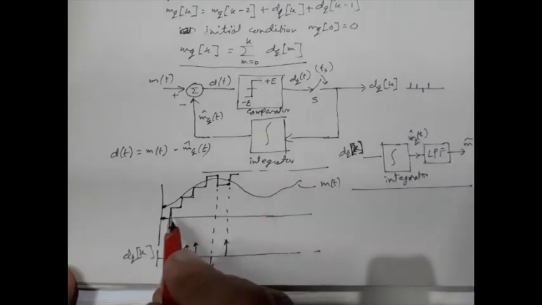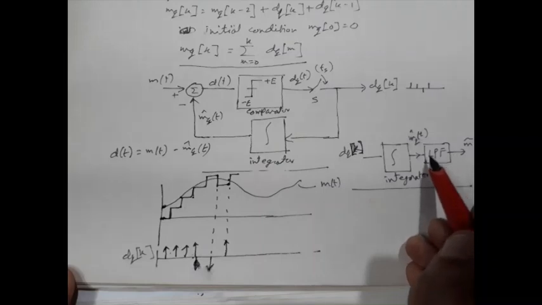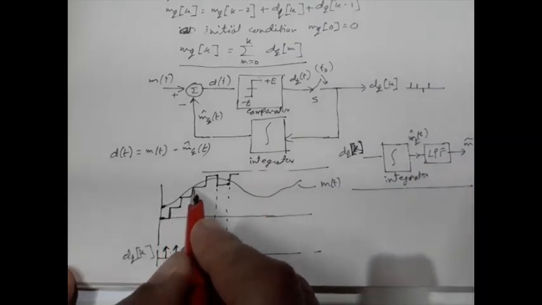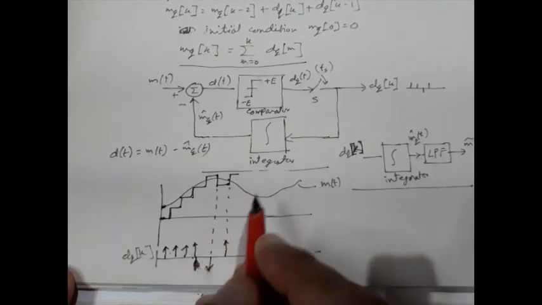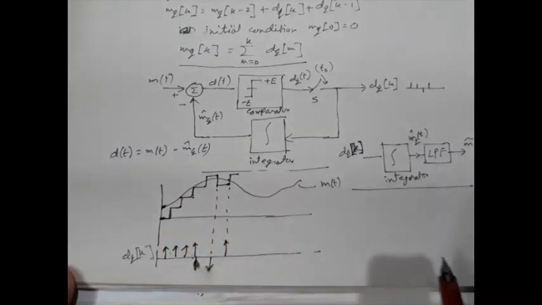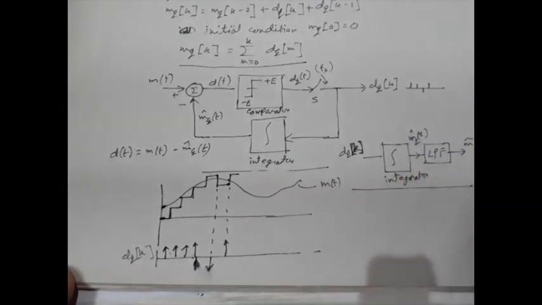The integrator will produce this type of staircase waveform, and the low pass filter will eliminate the high frequency component from this staircase, and the original message or a replica of the message will be recovered. This is how this demodulator works.